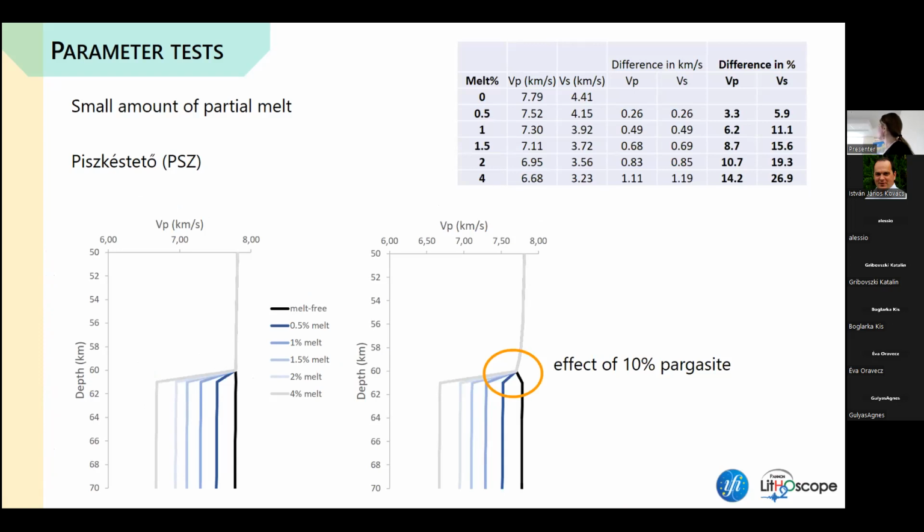Now, obviously, we don't really expect this much melt in the asthenosphere, but even 0.5 or 1% melt can have quite a significant velocity drop. And just to compare, I put in here a model which also takes into account the effect of 10% of pargasite above the LAB. And you can see that this effect is quite negligible compared to the effect of the melt.